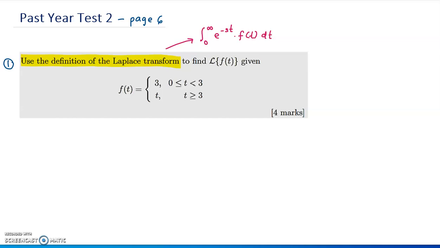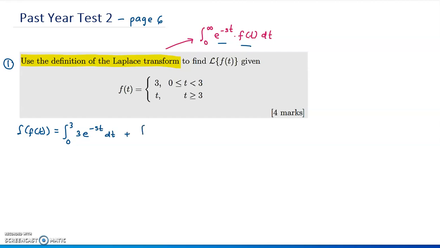All right. So the Laplace of f(t) is given by, we have two intervals, so we need to separate into two integrals. The first one is from 0 to 3, and we refer to e^(-st) times f(t). In the first function, it is 3, so we have the integral of 3e^(-st) dt.